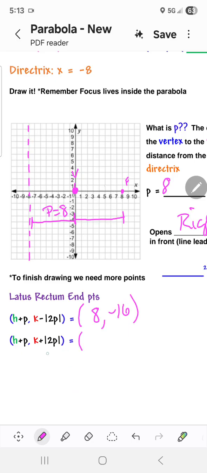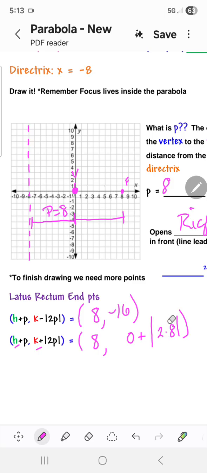On the next one, we've got h, this is 0 plus 8, comma, k. My bad. K is 0 plus the absolute value of 2 times p. P is 8. 0 plus 8 is just 8. We've got 0 plus 2 times 8 is 16.